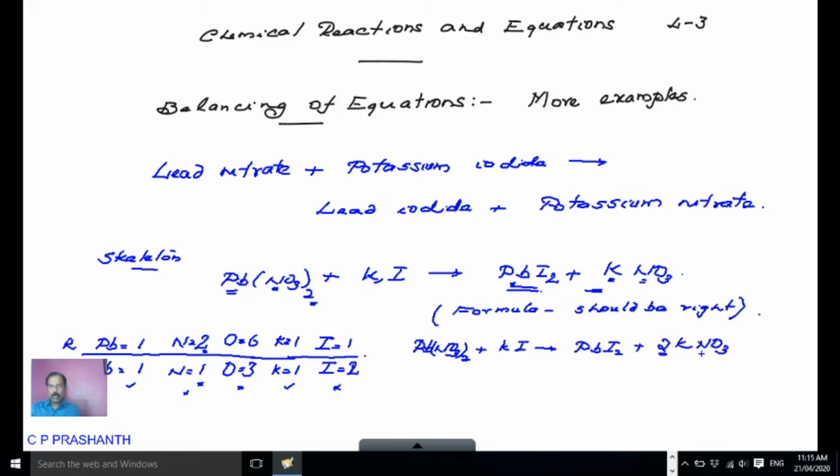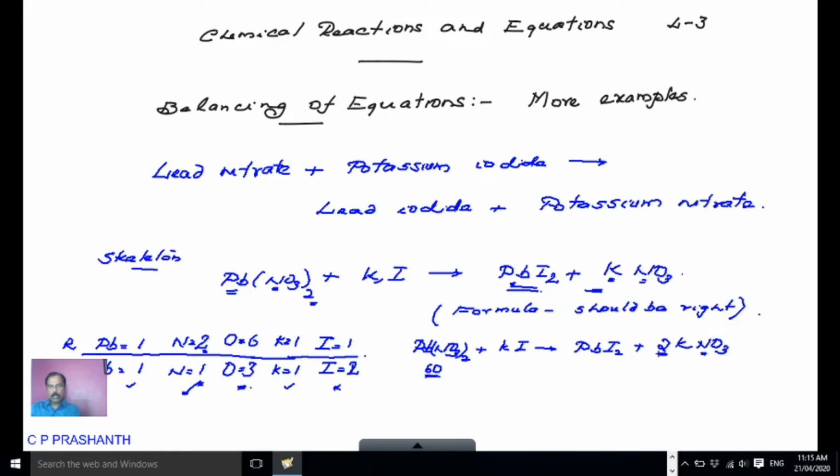So nitrogen is balanced. But when you put the coefficient, you also have to see how the number of other atoms change. Because when you put a 2, it is not only nitrogen, the number of other atoms are also changing.